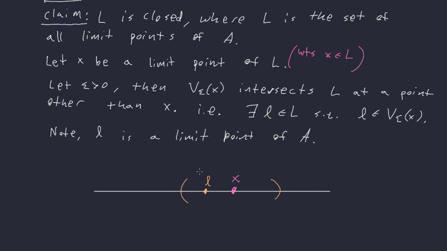But l is also a limit point of A, so any epsilon neighborhood around this l is also going to contain an A. So if I put an epsilon neighborhood around l, I should get an element of A.